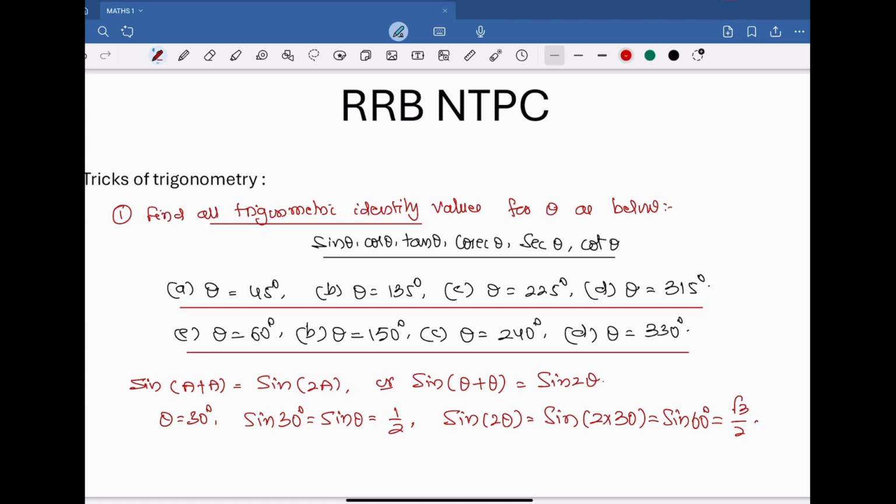Then what is that relation, so that we can find the sin 2 theta value, cos 2 theta value, tan 2 theta value, and then we will go for sin 3 theta value, cos 3 theta value, tan 3 theta value in the next class.